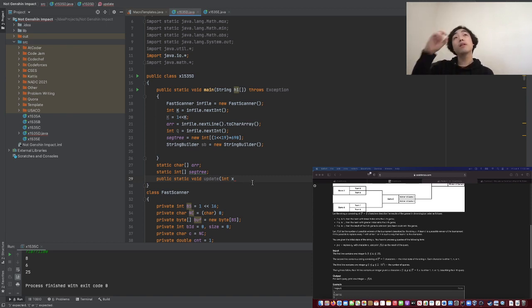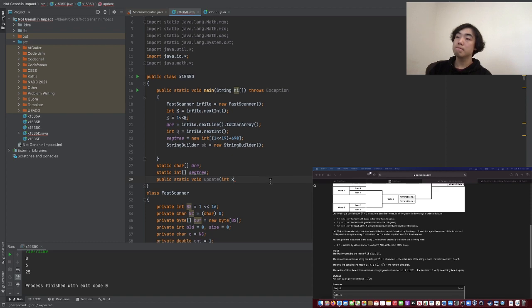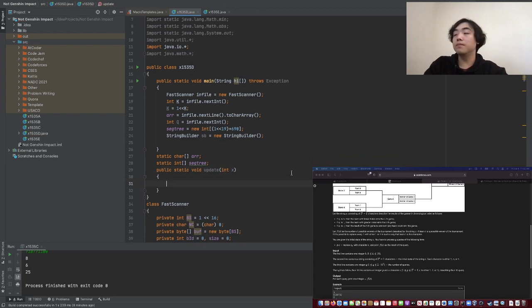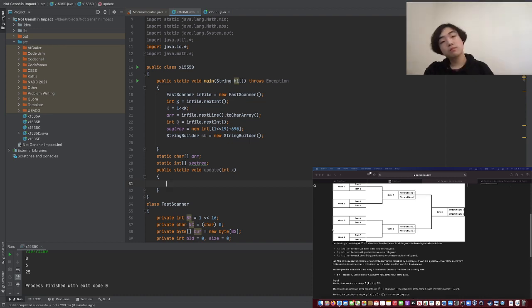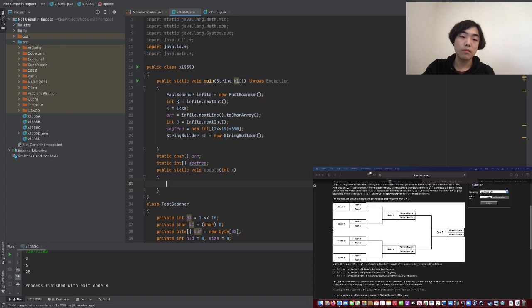Because if we update a value here, we need to backtrack up its tree, and its parent is always x over 2. The team with a lower index wins.